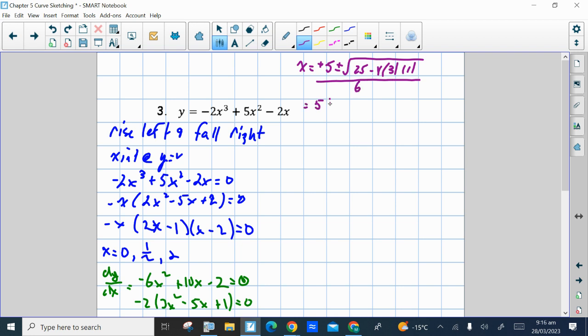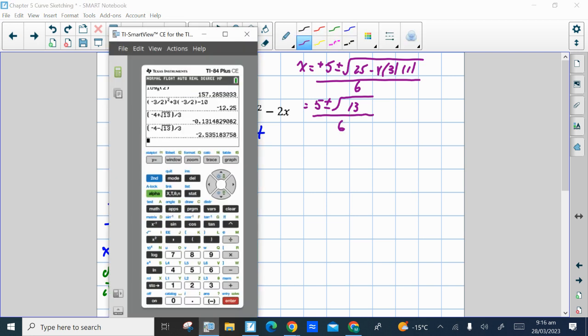So that'll be 5 plus and minus the root of 25 take away 12 is 13. And because 13 is a prime number, we can't simplify this. But we can use our calculator to find out approximately where those x-intercepts are.